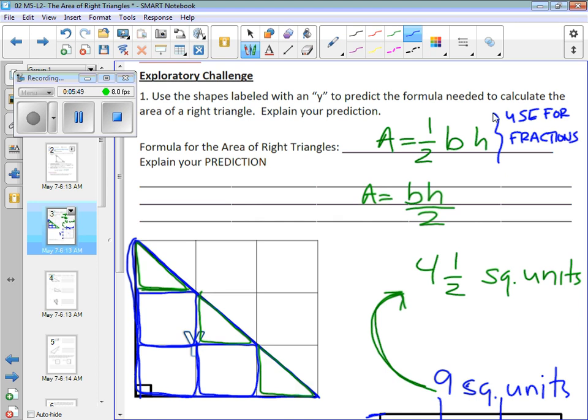It's going to make it easier. The other one, as long as you have non-fractions, which means whole numbers and even decimals, you can use this. I'll just say non-fractions. I'm going to show you an example of each.